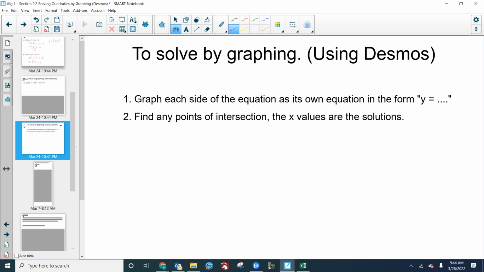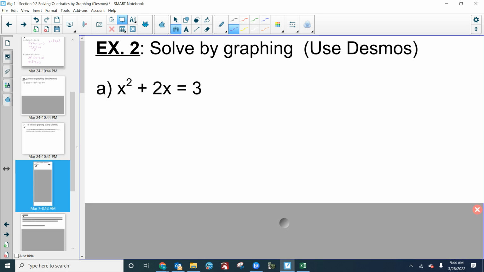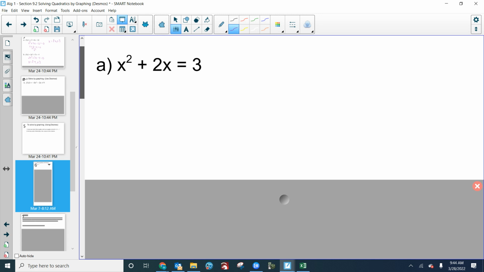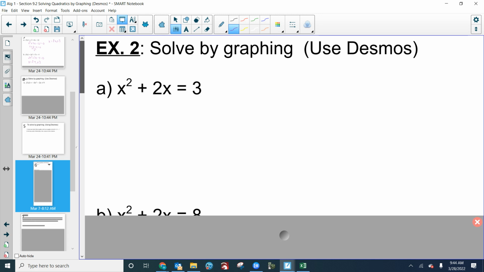It's really easy using Desmos. x squared plus 2x equals 3. Solve by graphing. What you're going to do is take both sides of the equation and make 2 equations. Okay?